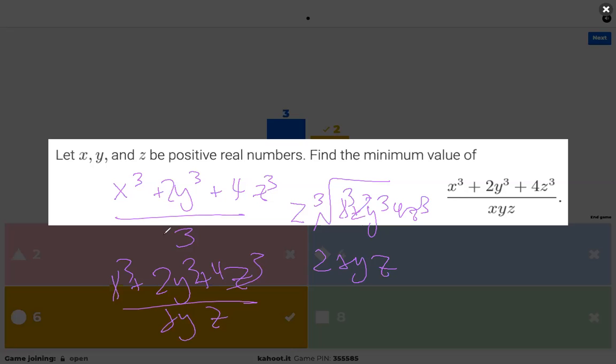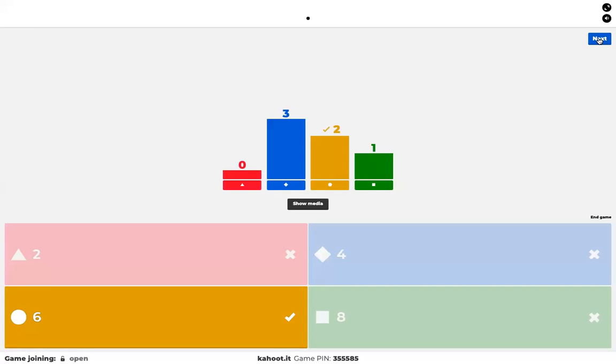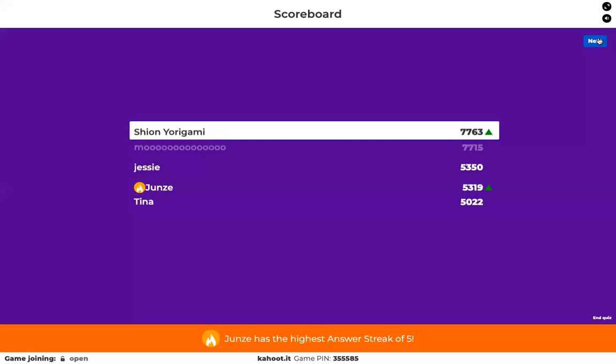Then we multiply both sides by 3 and bring that over to the right side. So now that's just greater than or equal to 6. So the answer is 6. Any questions about this? Great. Shion Yorigami retakes the lead.